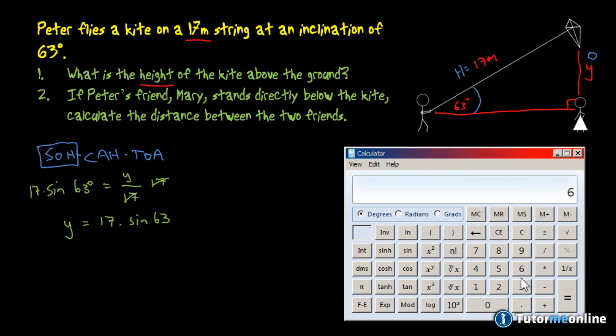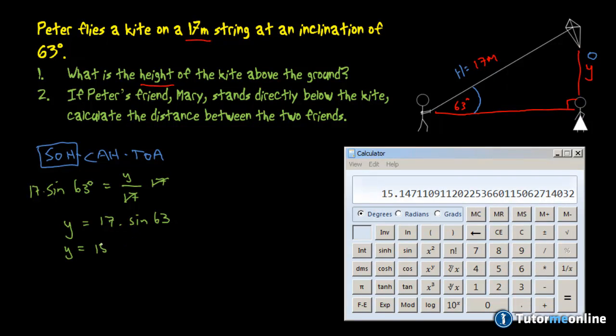So the sine of 63 multiplied by 17. And that gives us a length for y of, let's round off to 2 decimals, 15.15 meters. Alright, so we know this is 15.15.